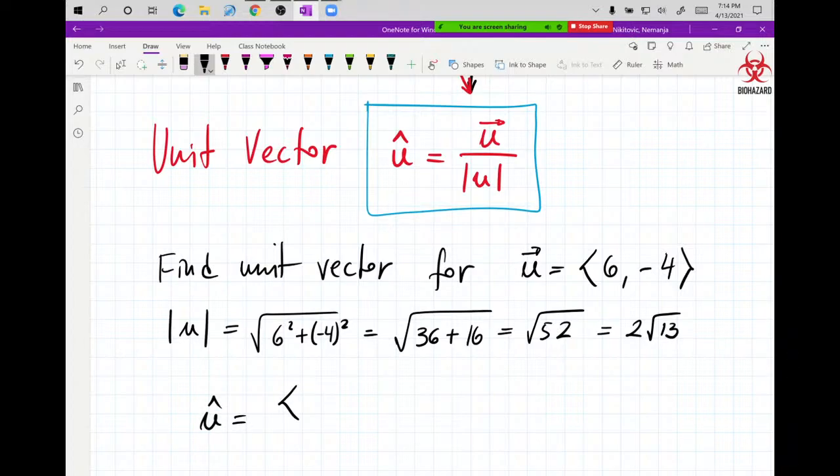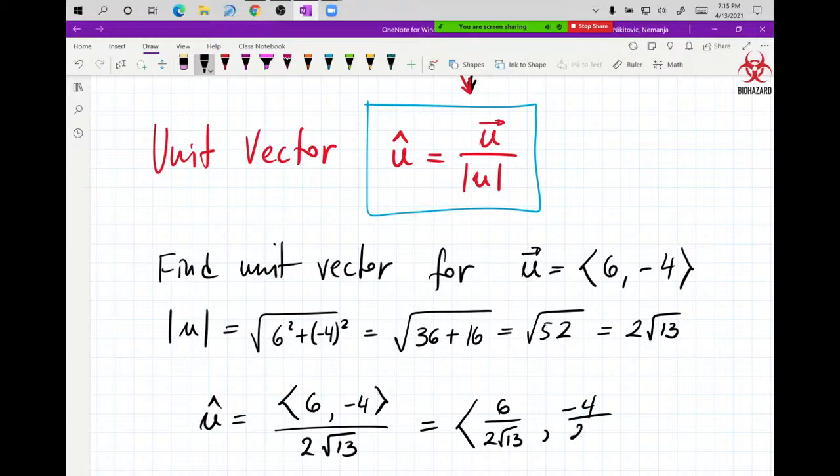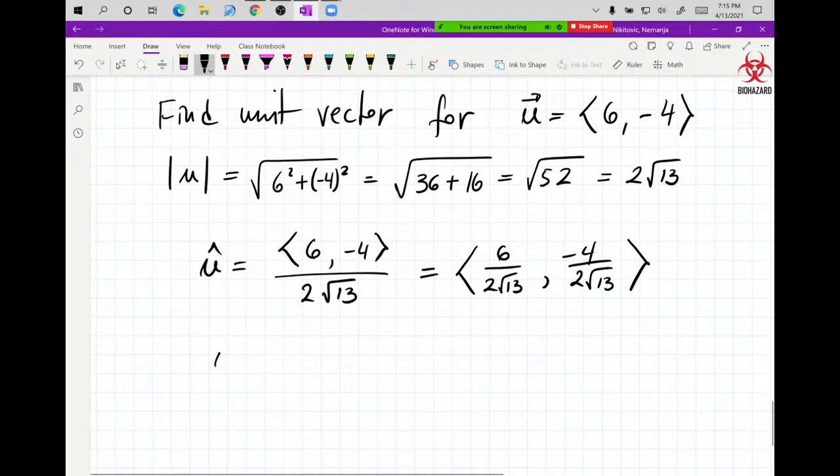It is vector u divided by 2 root 13, which is 6 over 2 root 13, comma, -4 over 2 root 13. And now we simplify, rationalize, and we're done.